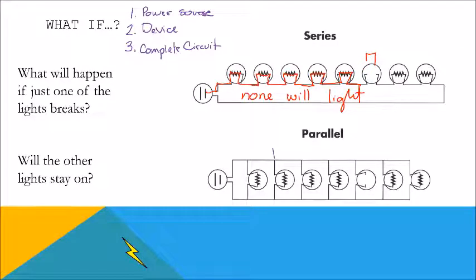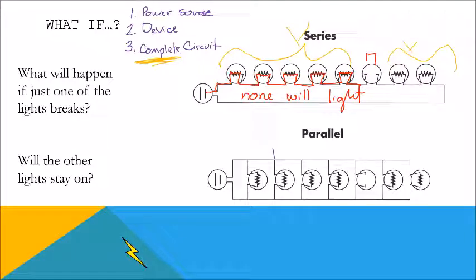A lot of students will say, oh, these will light and these will turn off, or vice versa. But that's not the case. If the circuit is not complete, then none of the electrons can move.